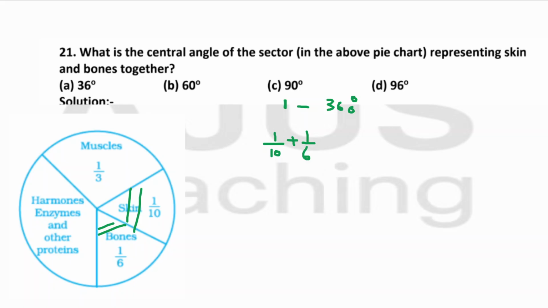Okay, what is 1 by 10 plus 1 by 6? Let us first complete this one. We can take LCM 30. So if you take LCM 30, 3 plus 5. So this is 8 by 30.